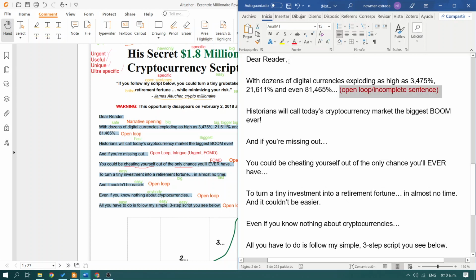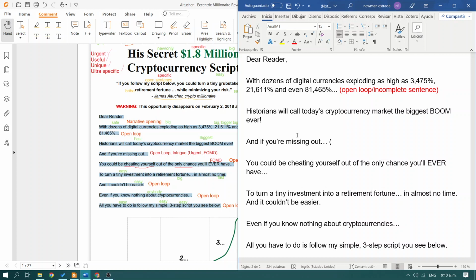And it forces you to keep reading, right? With dozens of digital currencies exploding like da da, then you're in the next line, which is historians will call today's cryptocurrency market the biggest boom ever. Okay, he closed the loop, and he opens another one right after closing one loop.